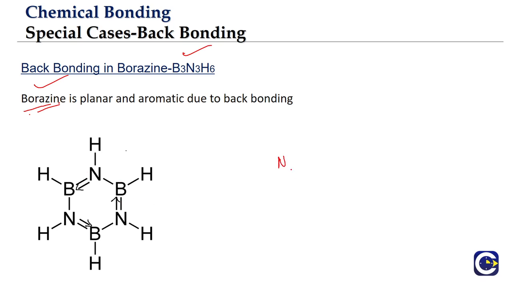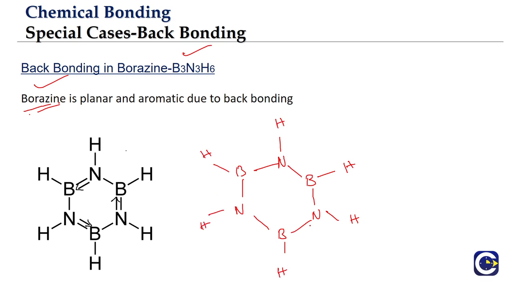We have a nitrogen, a boron, then a nitrogen, a boron, then a nitrogen, a boron. So we have 3 nitrogens and 3 borons alternately bonded in the ring, and we have 6 hydrogens, each of them bonded to one boron or nitrogen. This is the B3N3H6.